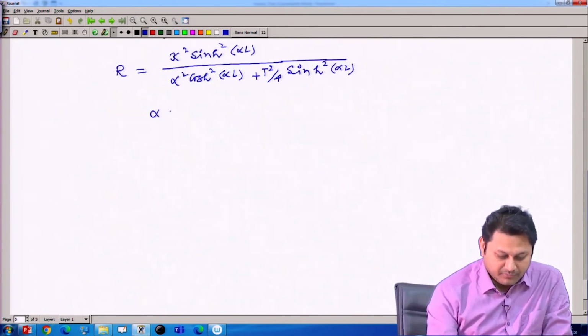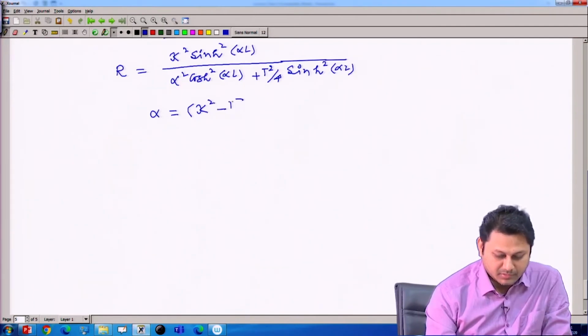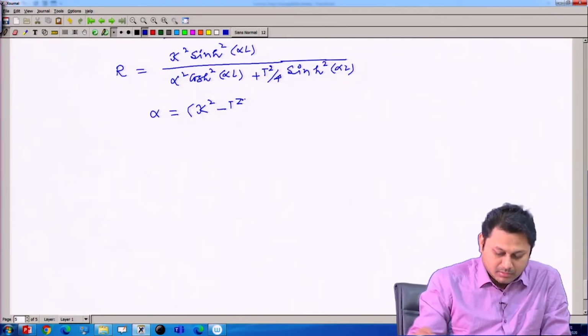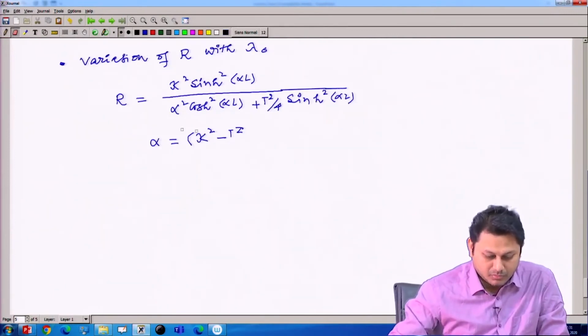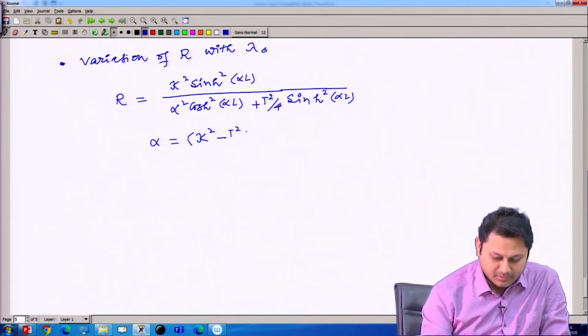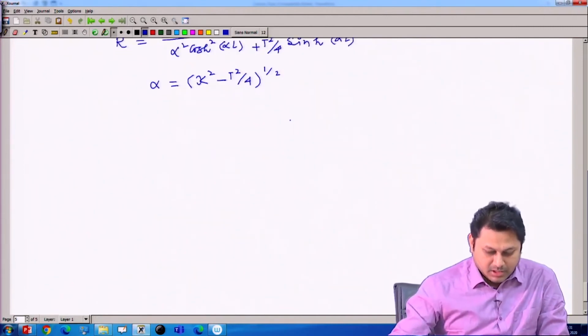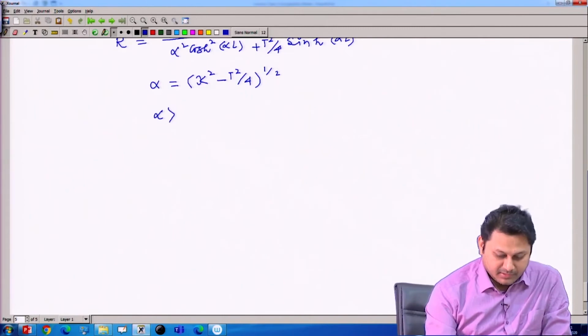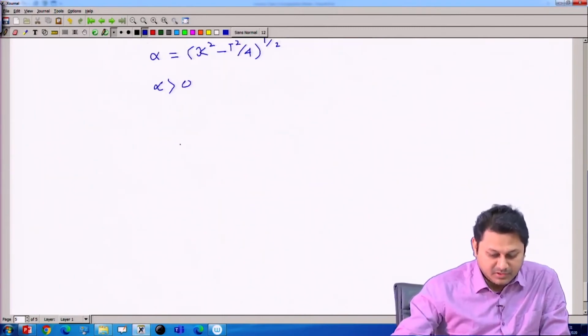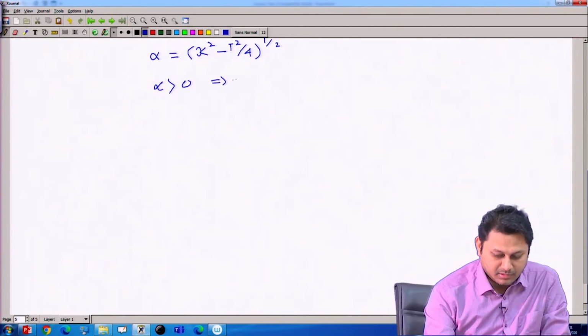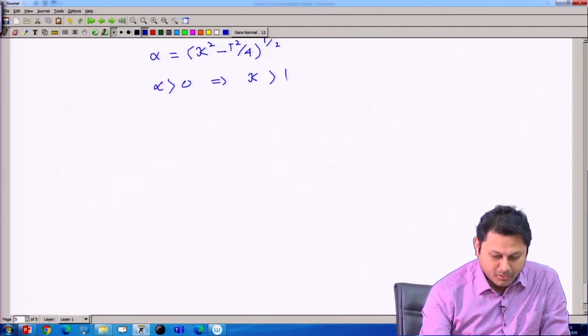So alpha is equal to kappa square minus gamma square by 4, whole to the power half. Alpha is real and positive, so alpha greater than 0. This means kappa is greater than mod of gamma by 2, which we need to understand.